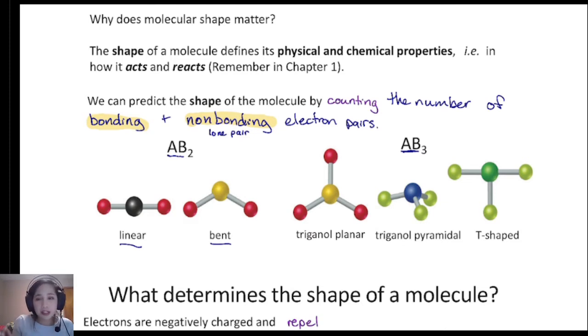With this formula type, where there are three different atoms around a central atom, we could have three different molecular shapes here: trigonal planar, trigonal pyramidal, and T-shaped. So this is just kind of an appetizer to what we're going to be learning. We will dive deeper into these shapes. I just want to show you that different shapes do exist for the same type of molecular formula.